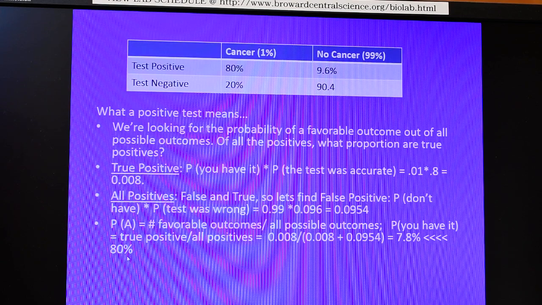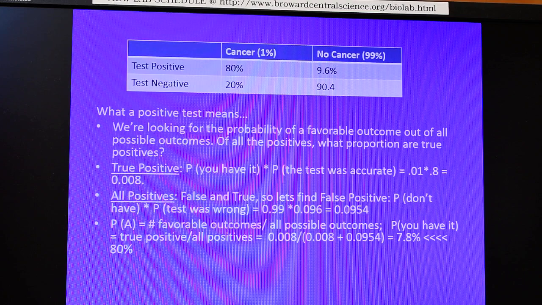And it's interesting. A lot of times patients go into their doctor, and they get this test. If all they know is how accurate the test is when they have the disease, they might draw a very mistaken conclusion. The doctor may say, well, you got a positive result for cancer, and the test is accurate 80% of the time.